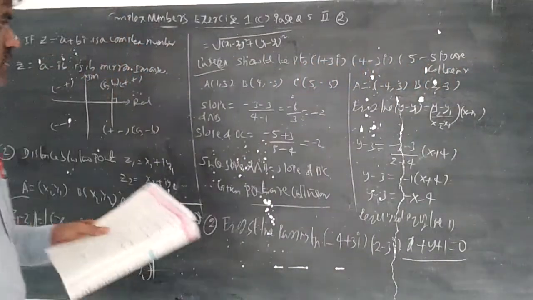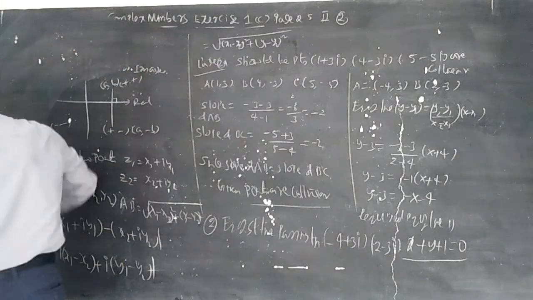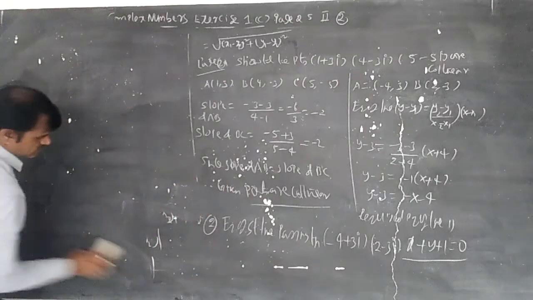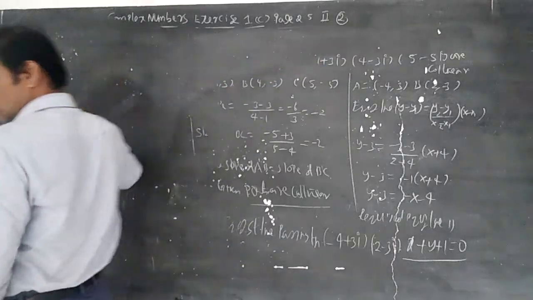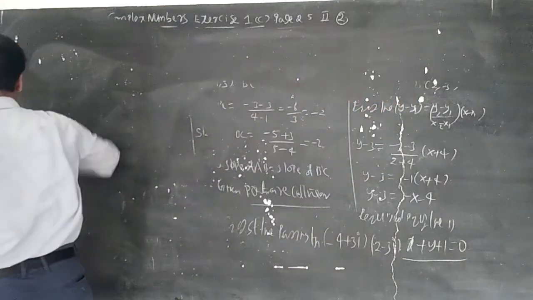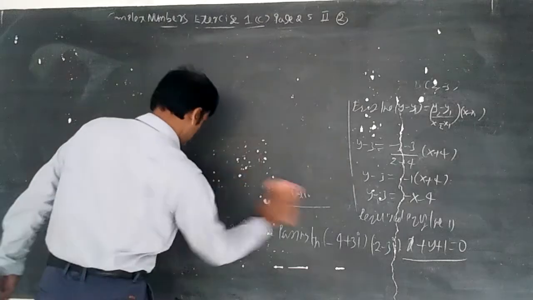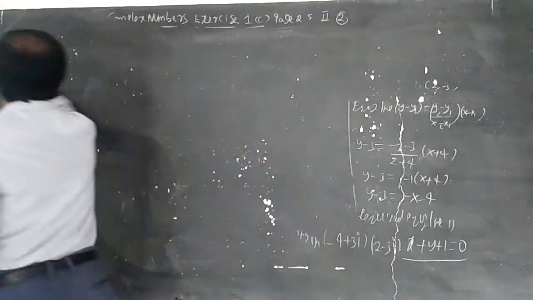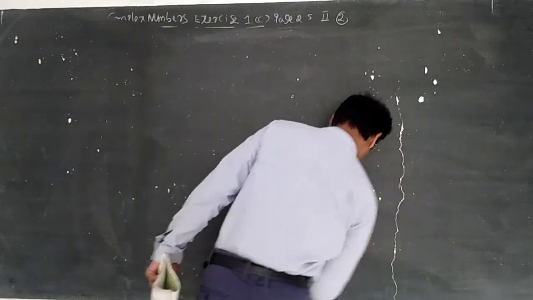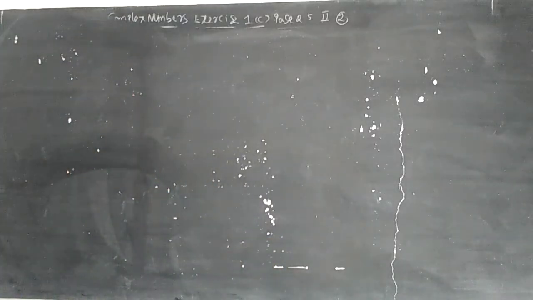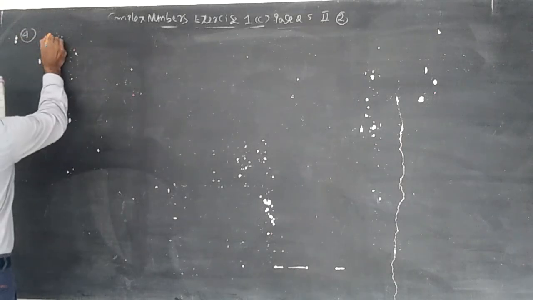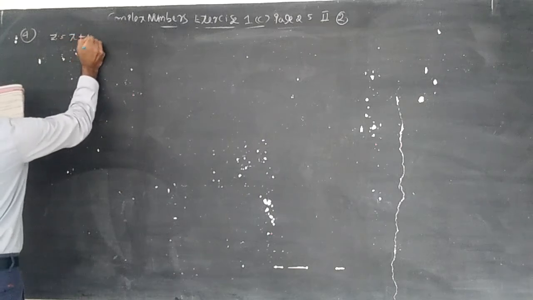Now example 3: z is equal to x plus iy, a complex number, represented in the Argand plane.